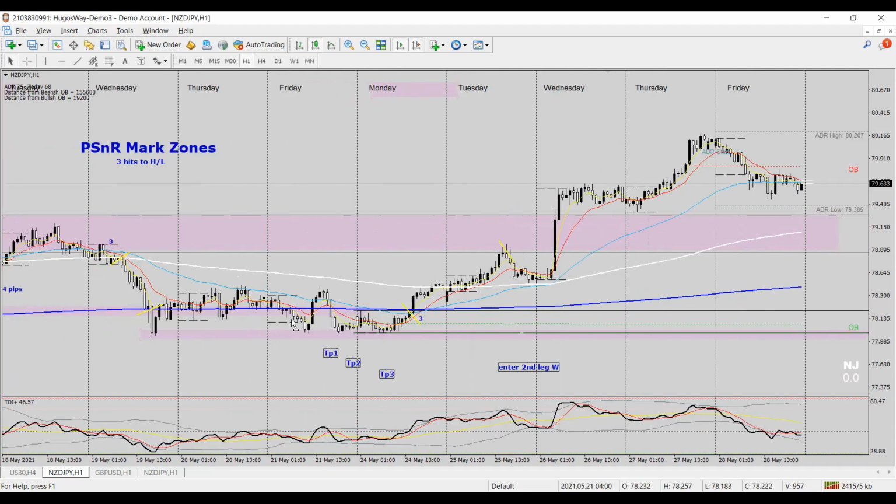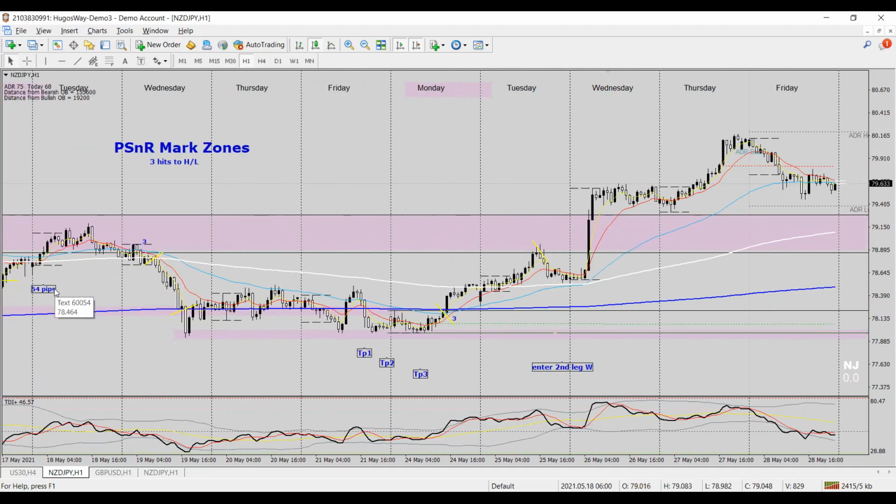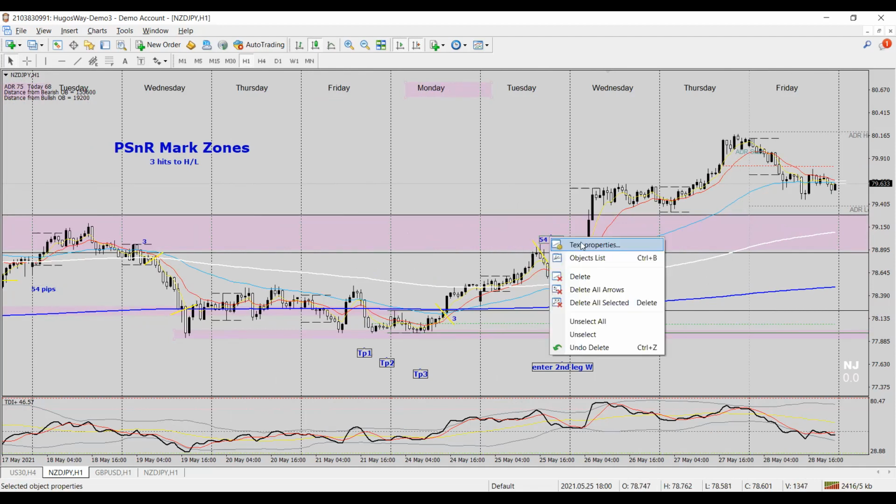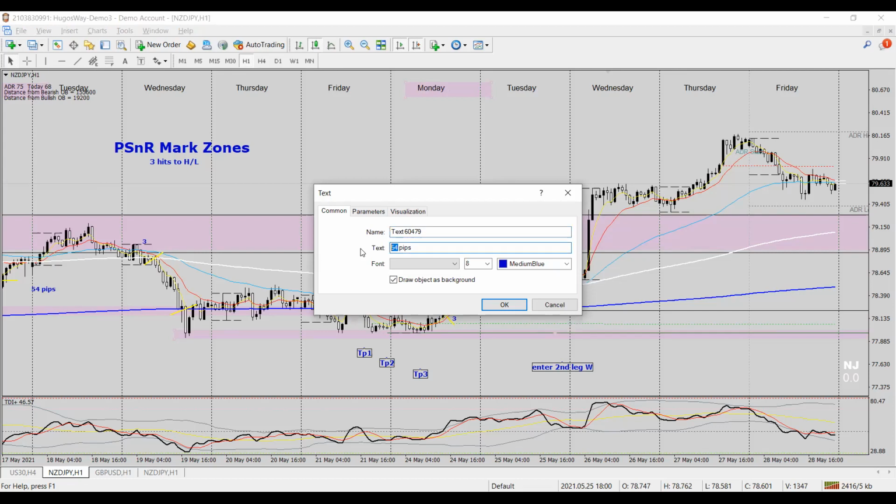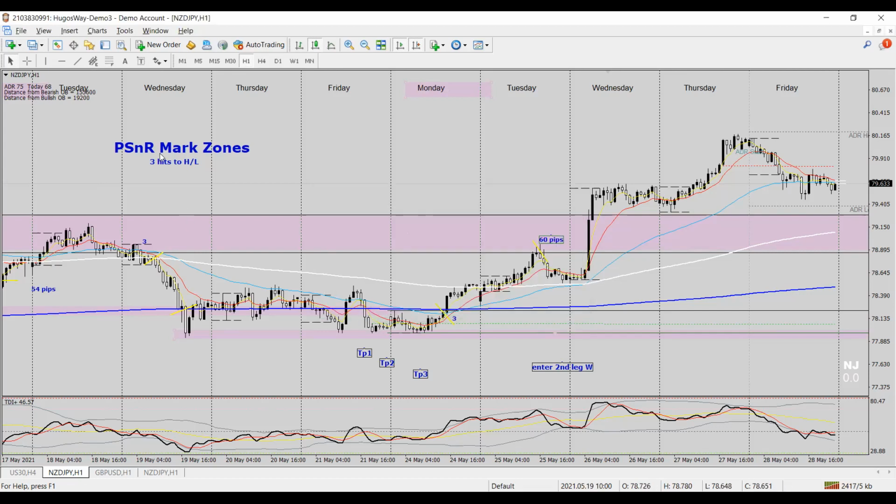Let me grab my, oh, did I forget to write my pips over there? So this was about 60 pips. Again, not bad. Okay. We measured these pips here. Don't remember doing that. It's 51 pips.